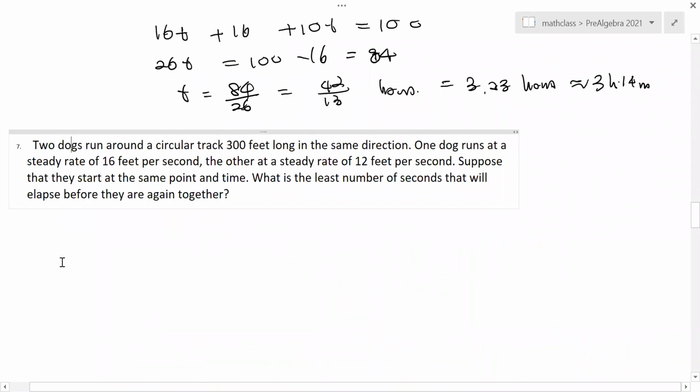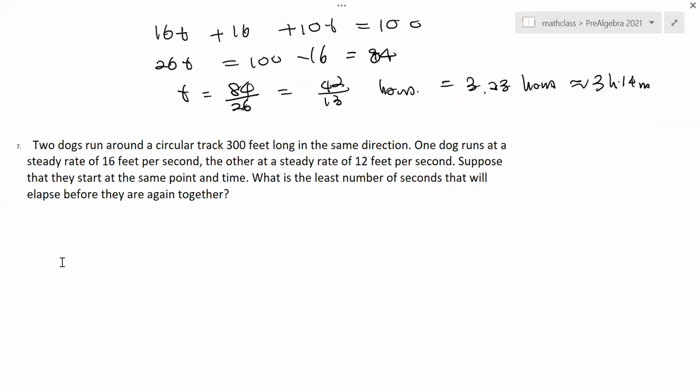Here, 2 dogs run around a circular track 300 feet long in the same direction. One dog runs at a steady rate of 16 feet per second, and the other at a steady rate of 12 feet per second.